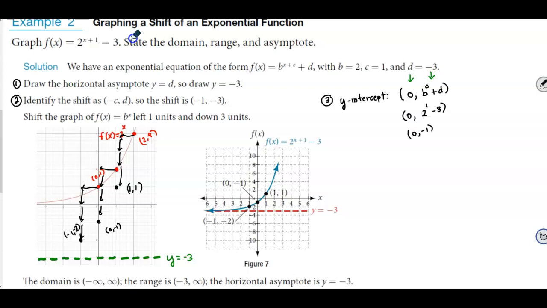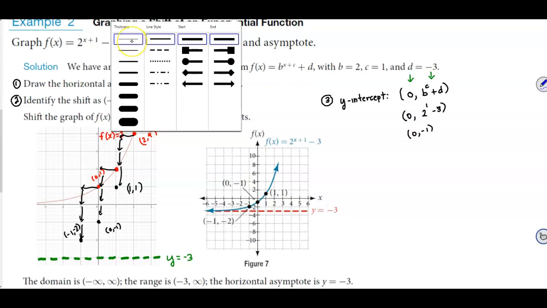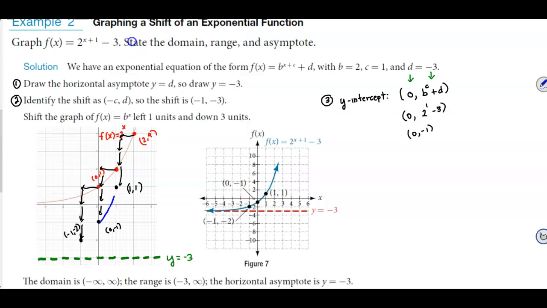Now we have these 3 points, so we're able to draw this graph. We just draw a smooth curve. The graph goes up, and then comes down here, and it's never going to cross the asymptote at y equals negative 3.